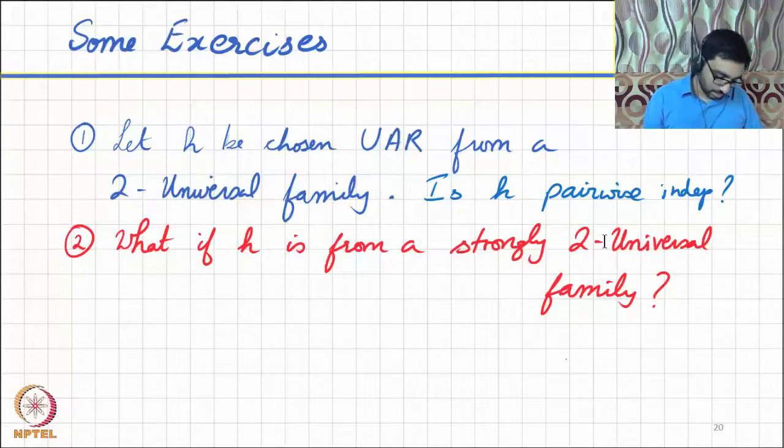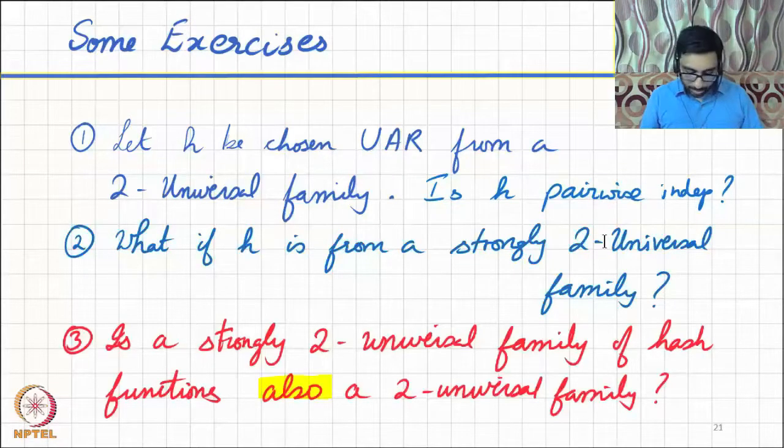What's going on here? Okay. Finally, is a strongly two universal family of hash functions always also a two universal family of hash functions? Okay. Think about these three questions and make sure your understanding of universal family of hash functions is clear that way.